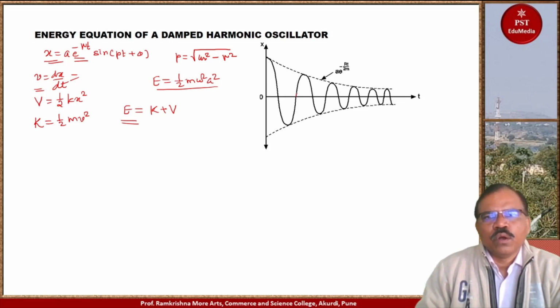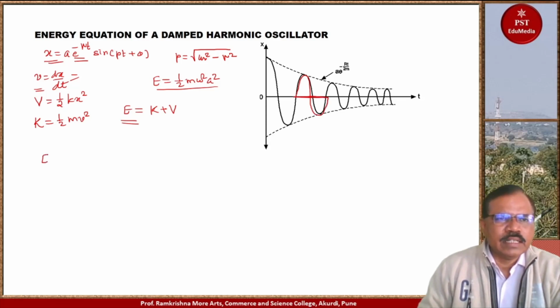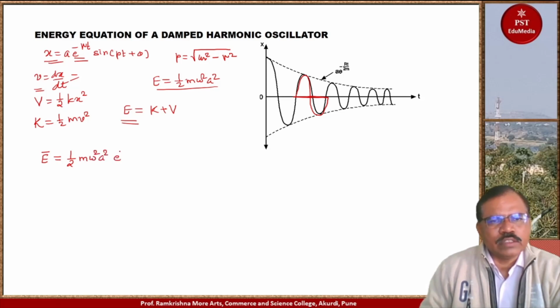So you can find average rate of change of energy over one oscillation. And here if we find this, it comes out to be E bar is equal to 1/2 m omega square a square e raised to minus 2 gamma t, or 1/2 m omega square a square e raised to minus rt upon m.